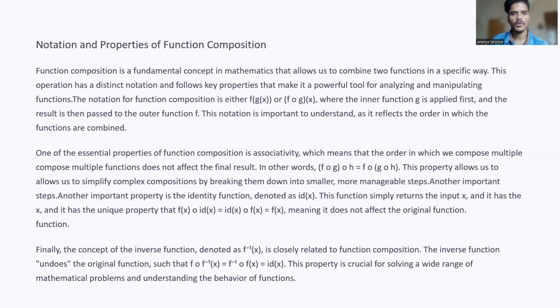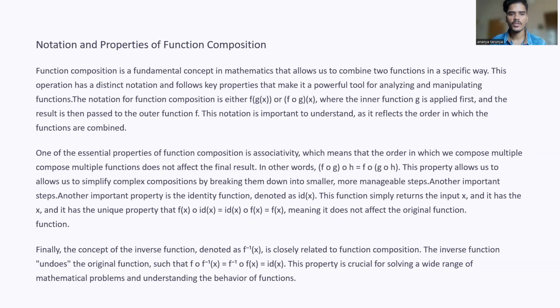So, notation and properties of function composition. Function composition is a fundamental concept in mathematics that allows us to combine two functions in a specific way. This operation has a distinct notation and follows key properties that make it a powerful tool for analyzing and manipulating functions.